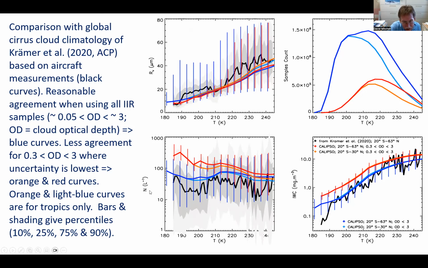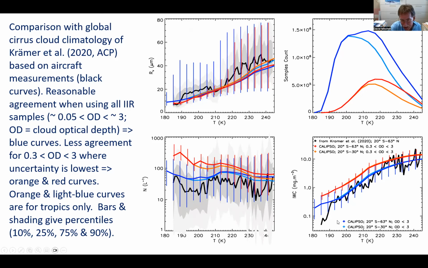Anyway, for number concentration, if we compare the blue curve for all the latitudes relevant to the climatology, it agrees within the 25th percentile. So I thought that was reasonable. But when we look at the red curve, which is only for the optically thicker cirrus, 0.3 to 3 optical thickness, there's less agreement.